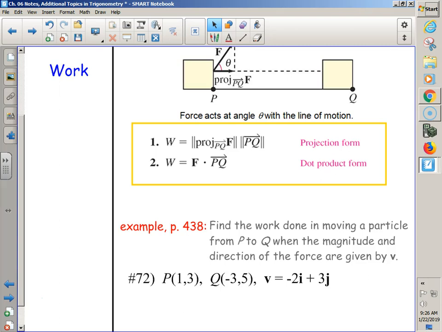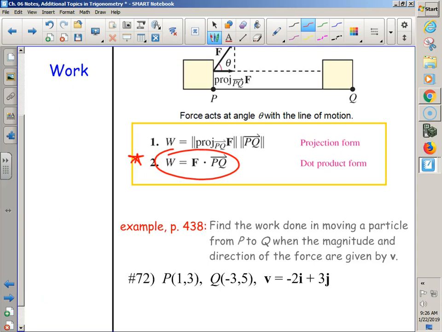But the other way of doing it, which actually might be easier, which is why I'm going to star it, circle it, and say use it, is the dot product of the force at an angle with the distance vector, I should say. Both of them end up in a number.